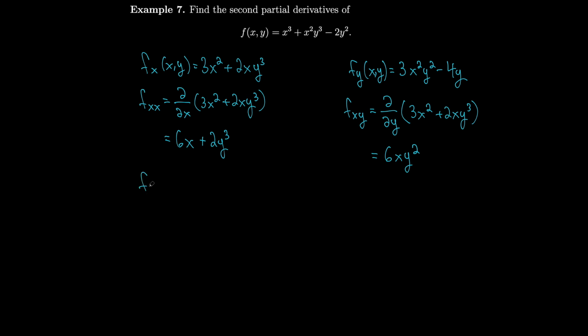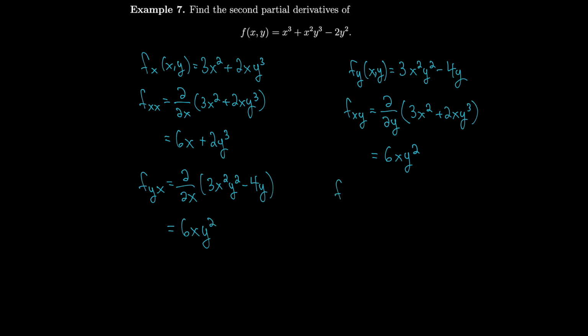Okay, how about if I want partial with respect to y and then x? So that would be the partial with respect to x of this guy. So that's 3x squared y squared minus 4y. So that's constant 0, so I just have 6xy squared.